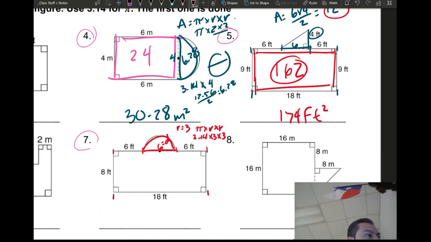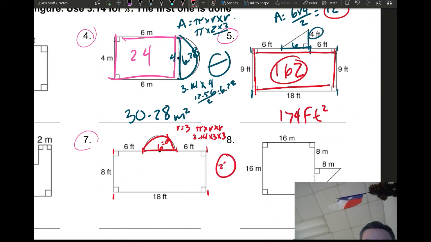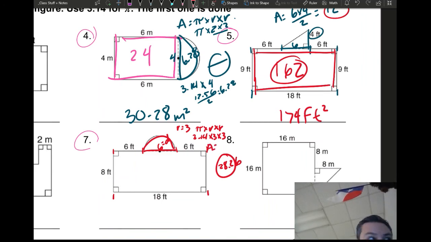So 3.14 times 9. Why 9? Because 3 times 3 is 9. The area for the circle, the full circle, is 28.26. However, we have a semicircle, so you got to divide by 2. And when you do that, the semicircle is 14.13.